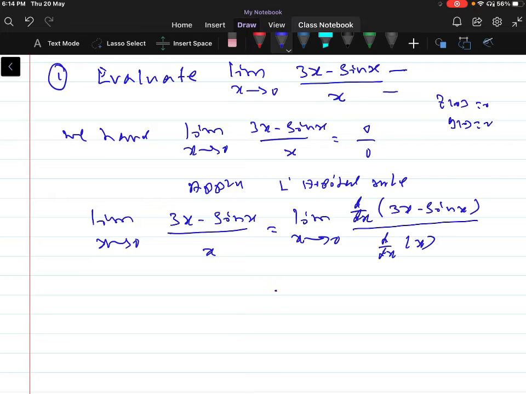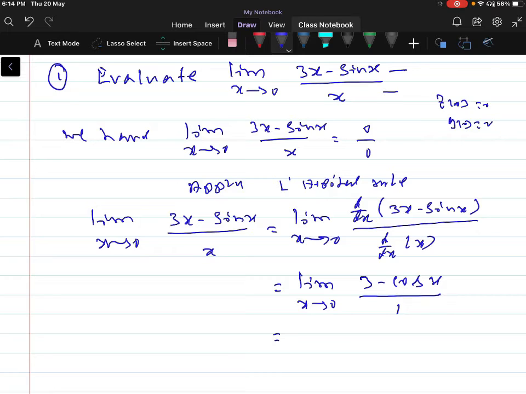Differentiate numerator and differentiate denominator separately. So differentiation of the numerator is 3 minus cos x. In the denominator we have differentiation of x is 1. Now let us apply the limits now.